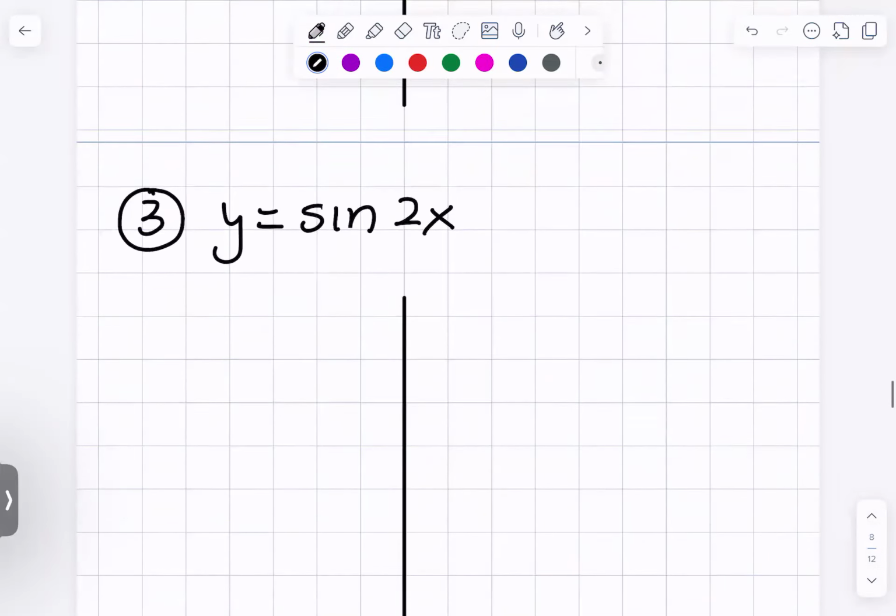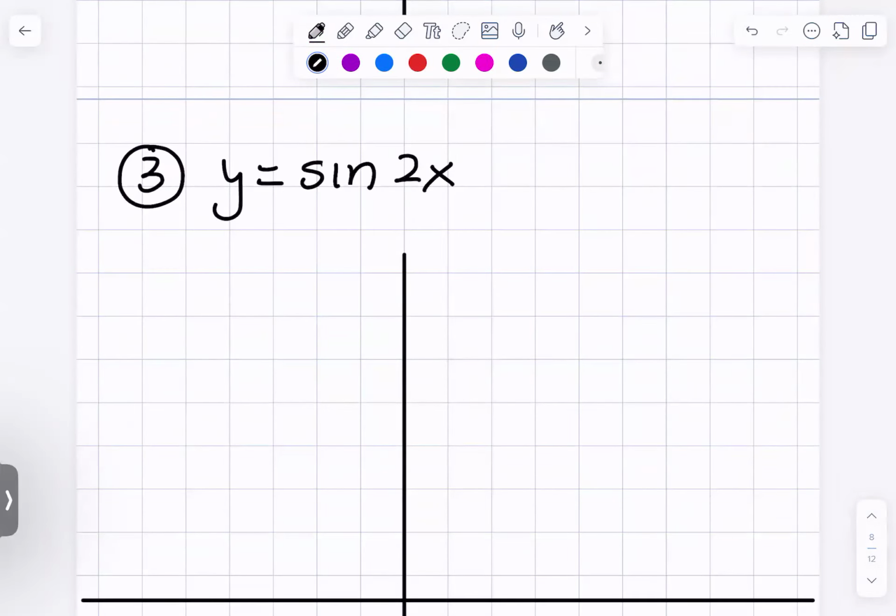Okay, now graphing sine of 2x, or 2 theta, or whatever that variable may be. I just used x. So this represents my b value, right? And that affects my period. Remember, my period formula is 2 pi over b. So now it's going to be 2 pi over 2, which is pi.